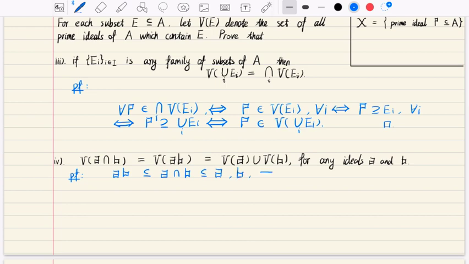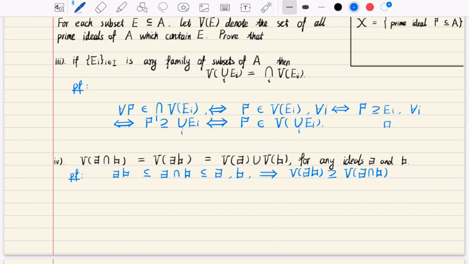Then, by the order-preserving argument, we have the V of the product contains V of the intersection, and contains V of A and V of B, both of them.